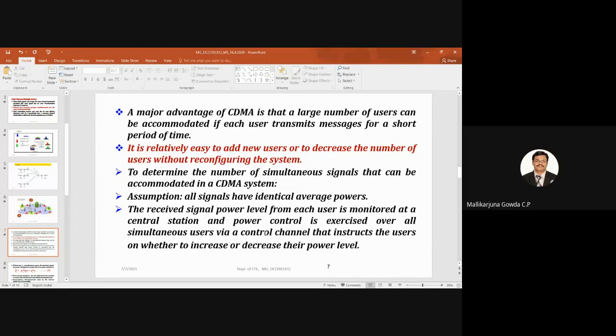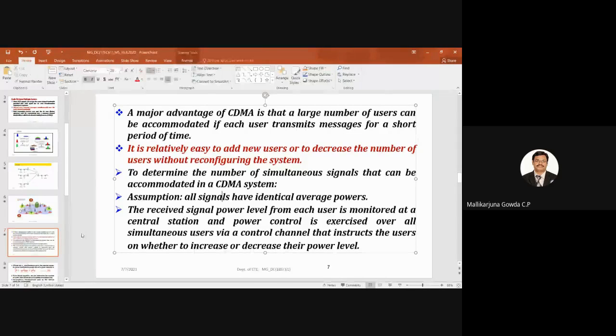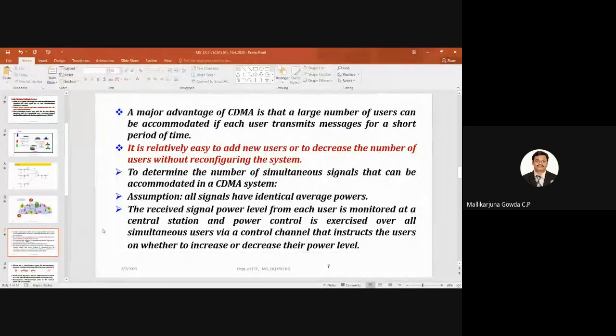First assumption: all signals have identical average powers. The second one, as I said, is the central station monitoring each user's received power and controlling it via the control channel.